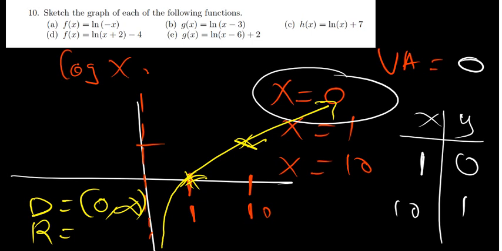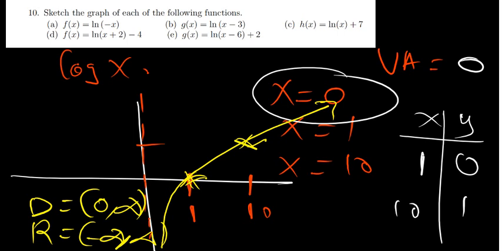So the range in this case is always from negative infinity all the way to positive infinity. Now the domain for the exponential function is from negative infinity to positive infinity, but the range is restricted. Now when it comes to log, the domain is restricted, but the range is from negative infinity all the way to positive infinity. So in this case, this is our graph.